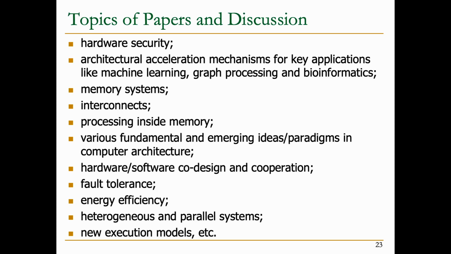Sounds interesting: how you can specialize architecture for small problems or huge problems, and you can gain huge benefits compared to general purpose processors. We have many more topics: fault tolerance, energy efficiency, heterogeneous parallel systems, and new execution models.